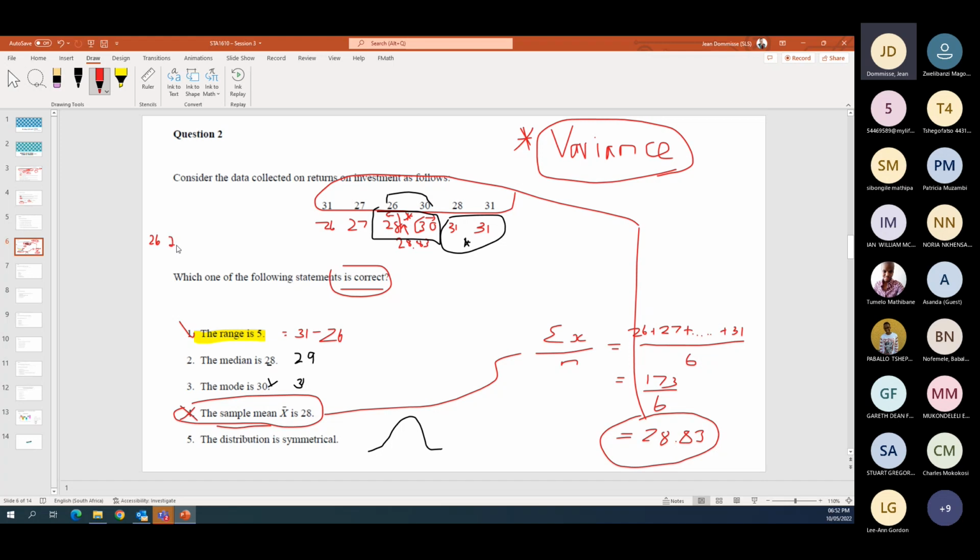So 26, 27, 28, then there's a gap, then it's 50, then it's 51 and 51. So if we draw a graph over this, your graph will look something like that. And for it to be symmetrical, it needed to look something like that.